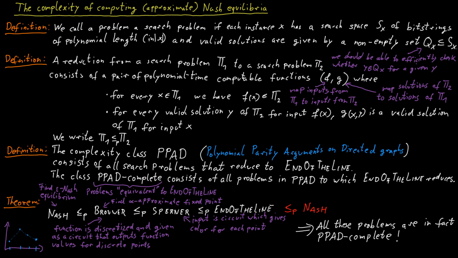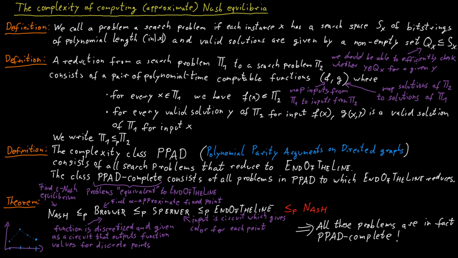And so an algorithm for any of those problems would lead to an algorithm with a similar performance for all the other problems. And just as when we show that something is NP-complete, we take this as an indication about the computational hardness of the problem, you should think of this as saying something about the computational hardness of finding epsilon Nash equilibria.